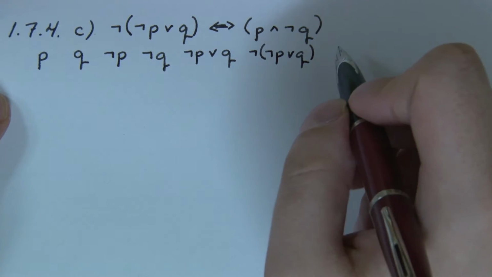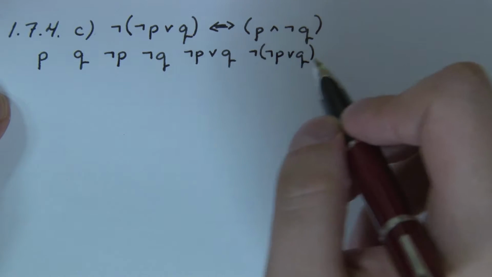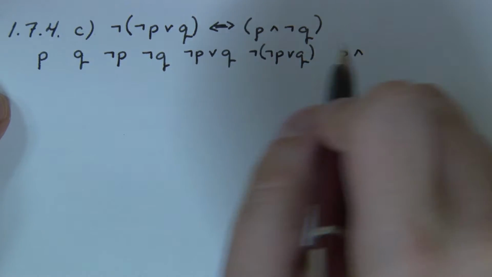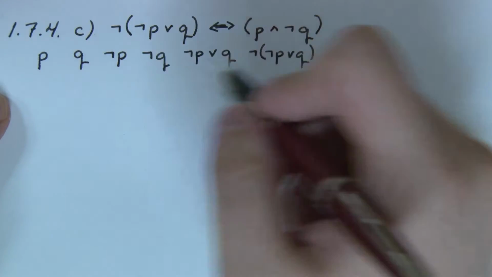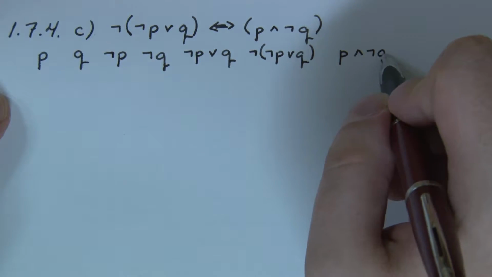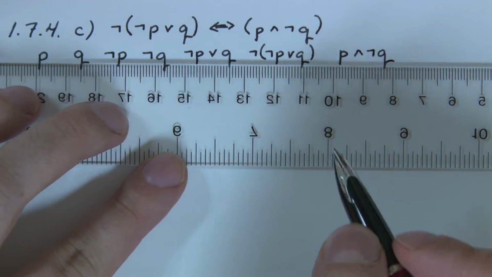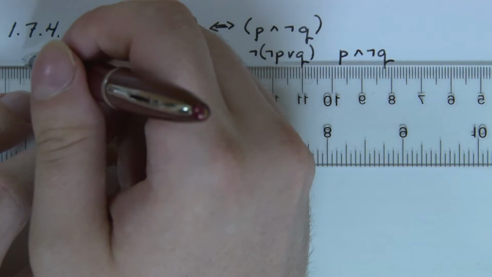Okay, and then last, I'll do this side. I'll have P, and I have this column here I can use, so I'll have not Q. Okay. I draw my line to keep everything neat.